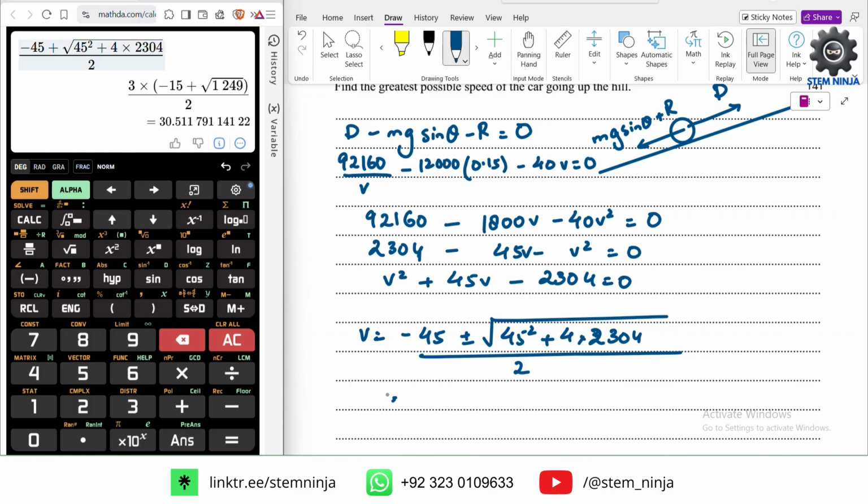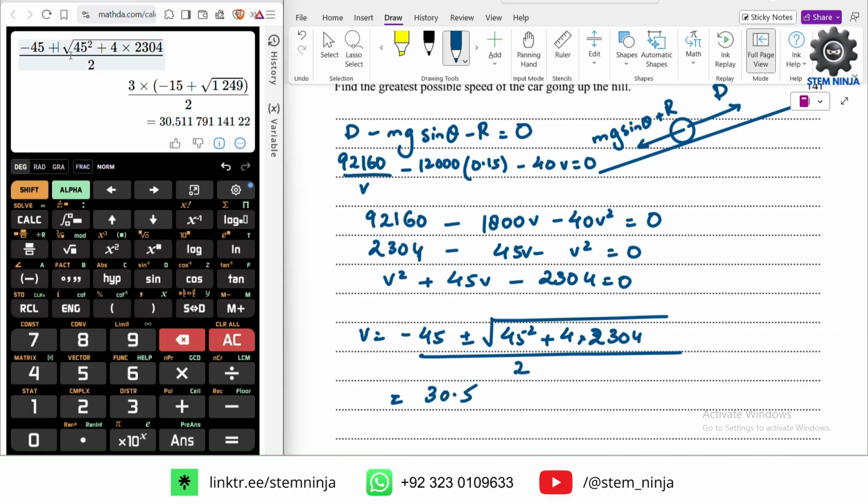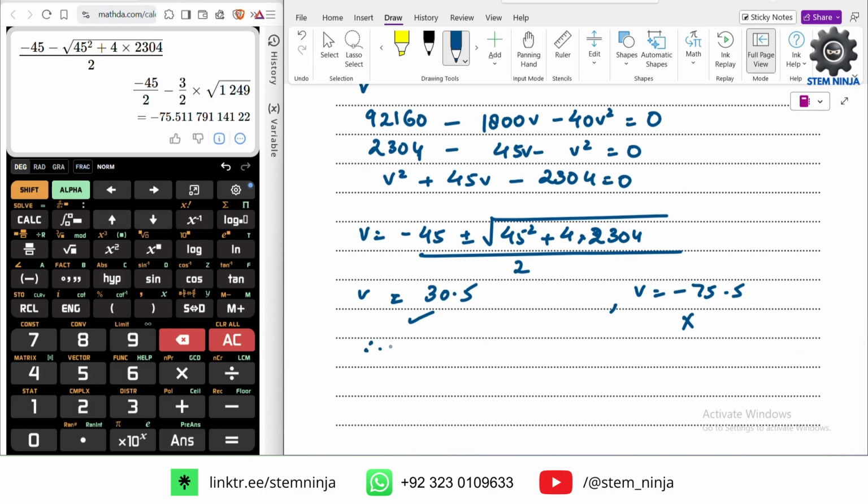So one value is 30.5. The other value would be minus 75.5. So therefore we will select this one. So the speed is 30.5 meters per second.